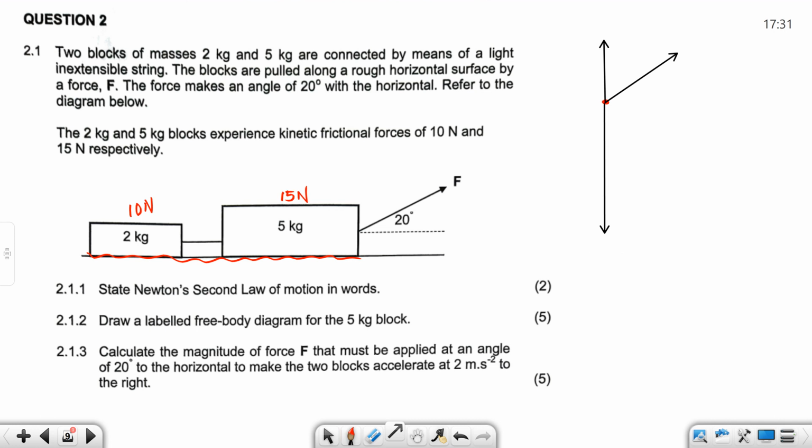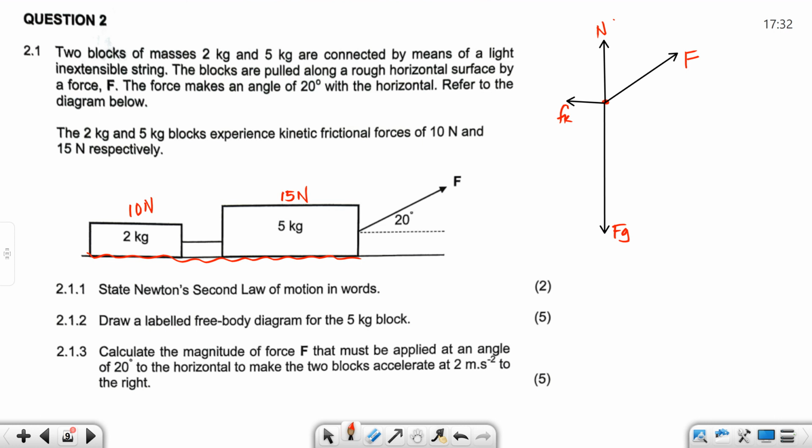You always ask yourself, some of you think friction and applied force cannot act in the same direction. That's why I brought that first one. So always ask yourself, the object is moving forward, so friction must be acting backwards. Kinetic friction. So what do we have? Kinetic friction, Fg, applied force, and normal.